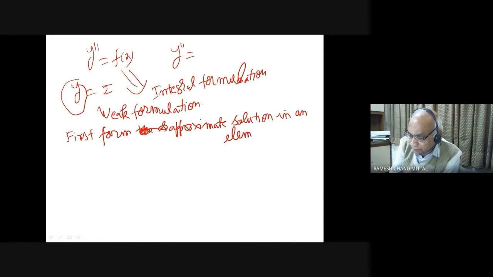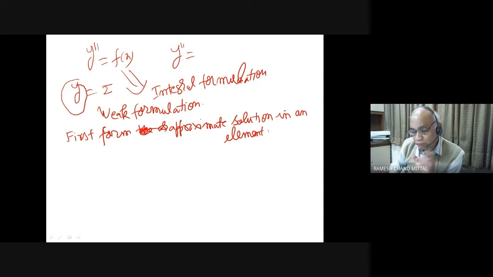Now, whatever you are doing in one element, the same kind of thing you need to do in each other element. Once you have done it in an element, the same kind of thing you do in the second element, third element, they are numbered. Ultimately, you know how to find the solution in one element, and accordingly you know the solution in other elements of the same kind.